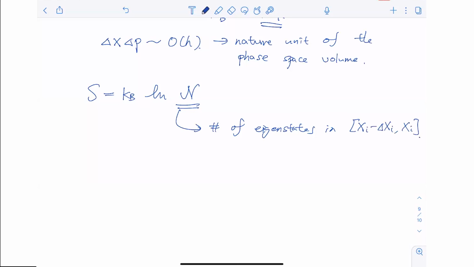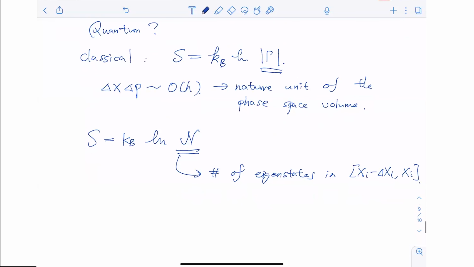Okay, so that's like you just count the states. If you give me a specific energy and tell me the size of the energy shell, then we just count how many states are within this energy shell.